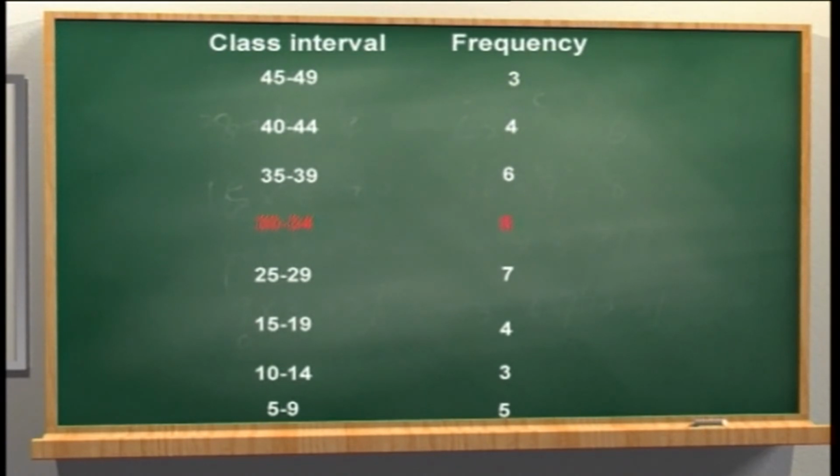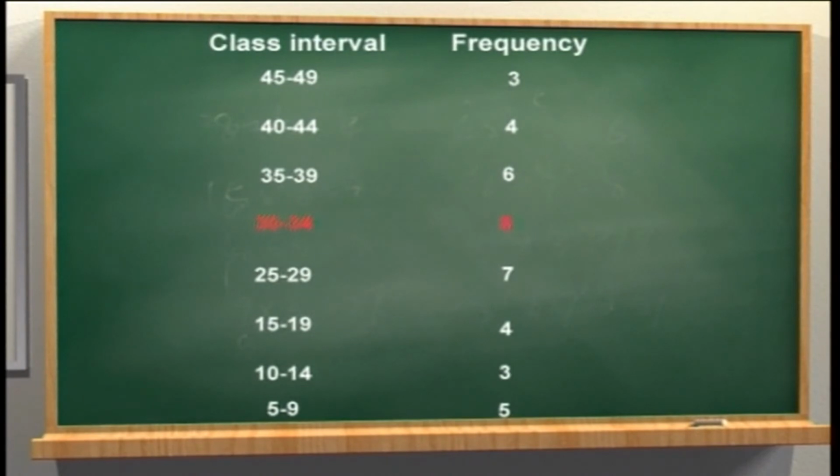Assuming that these 8 frequencies are evenly distributed within the class interval 30 to 34, we may find the median point, which has to be 1 case above 29.5. There are 8 cases covering a space of 5 units.